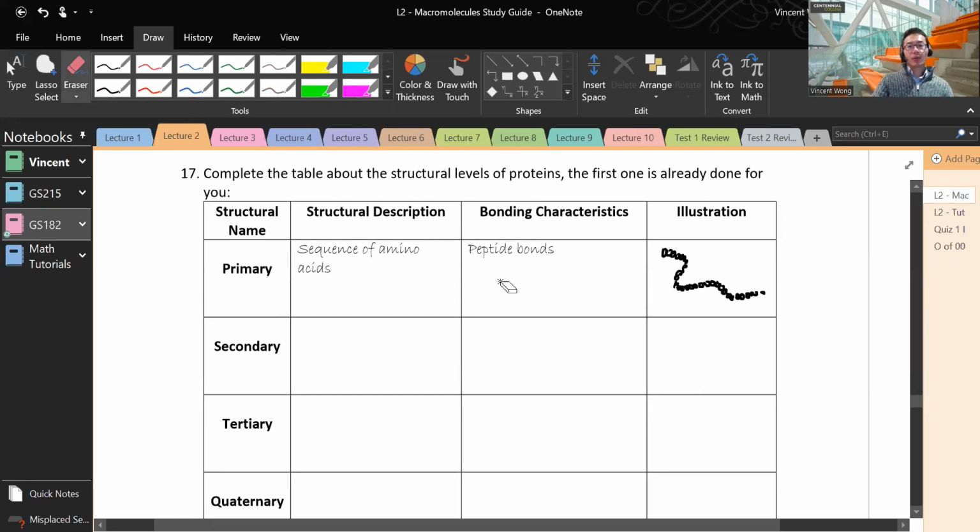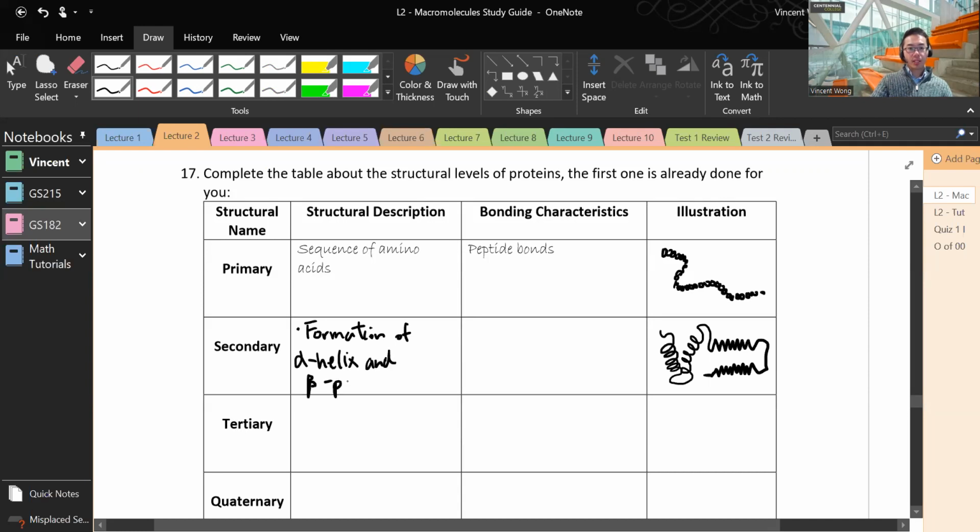Secondary. Once these amino acids are linked together, some of them are going to form these helices, and others are going to form these zigzag patterns. So secondary structure refers to the formation of alpha helix and beta pleated sheets.